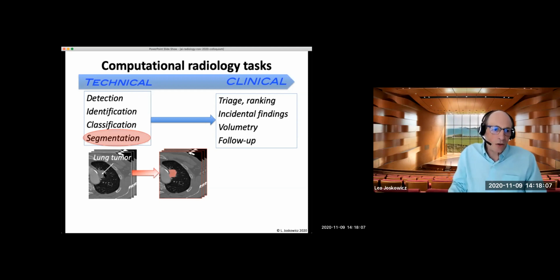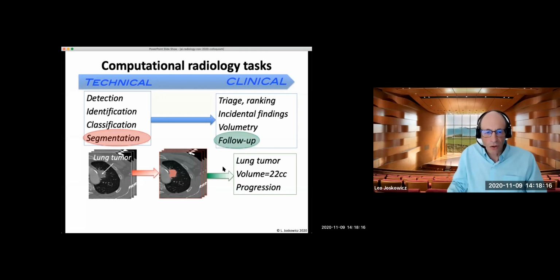For example, is it a small tumor or a large tumor, and what is the position? Or follow-up, as I mentioned, to compare with what happened last year. So from a clinical point of view, what you're interested in, for example for the follow-up, is to know that there is a lung tumor here, that the volume is 22 cc, and that there has been a progression as compared to last year.